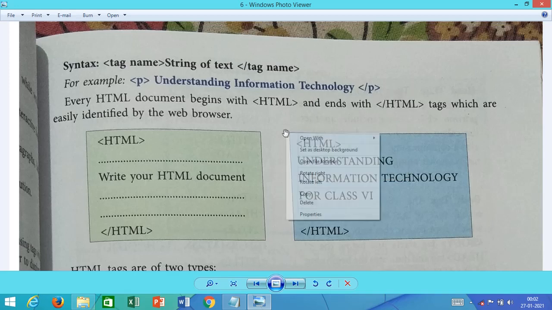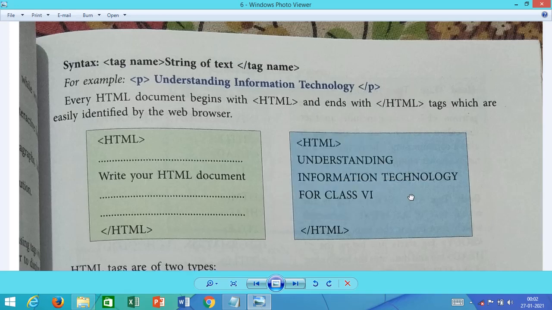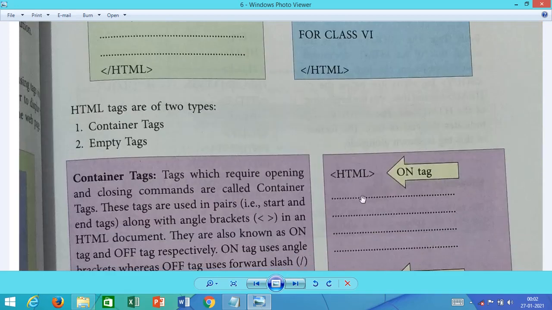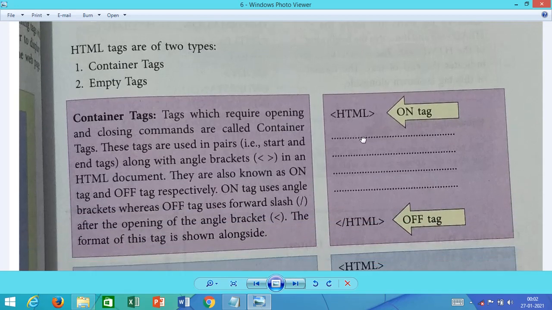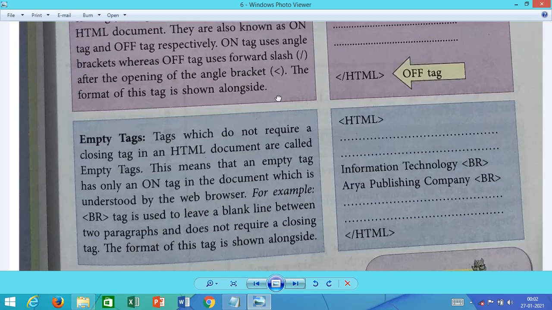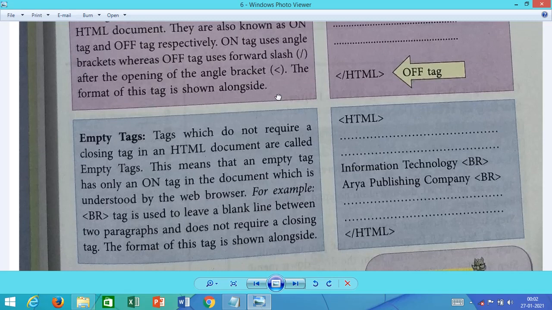The container tag contains both the start tag and the end tag, whereas an empty tag has only one tag. Actually it is not called a starting tag; it has only the on tag, no off tag.